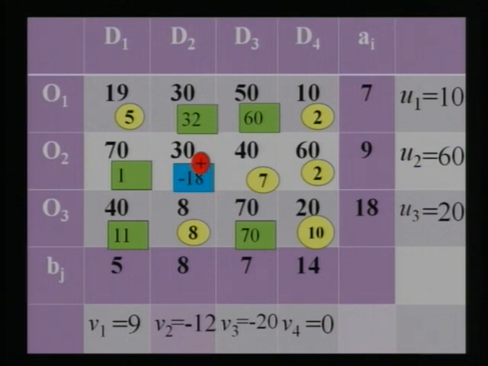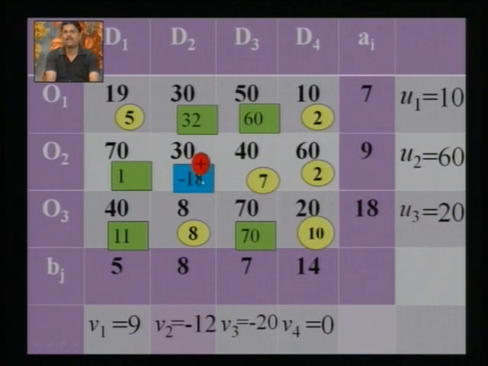Now, starting with this red plus cell, we have to form a loop. The loop is formed using the basic variables as vertices, and the loop is a closed path. Suppose if I join this and this, then I cannot find a loop, because the condition of the loop will not be satisfied.